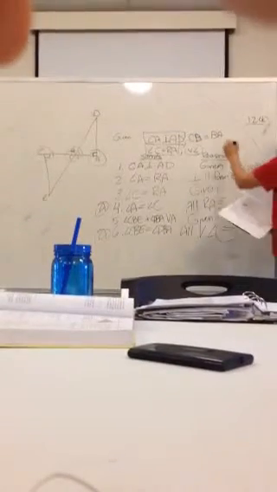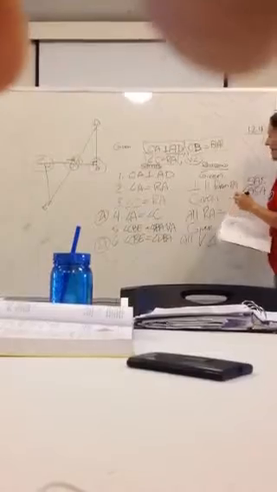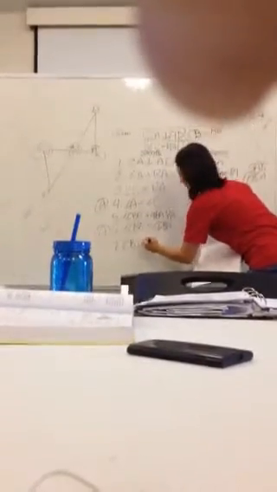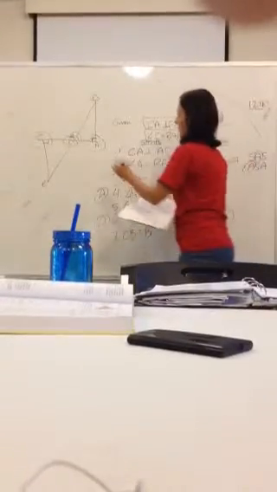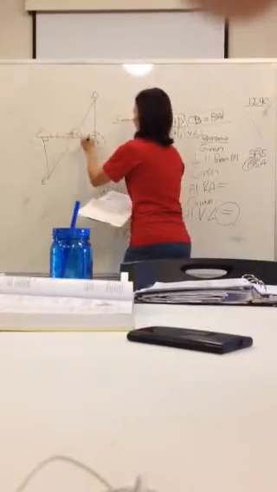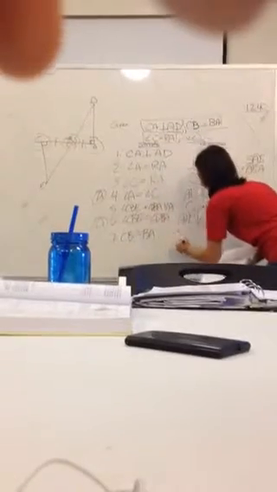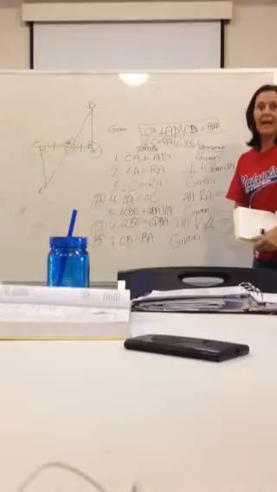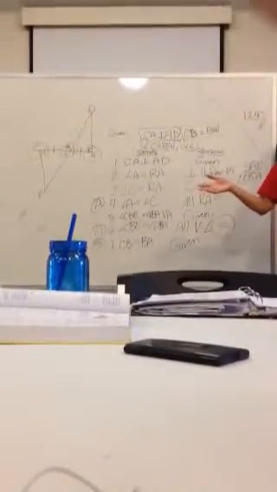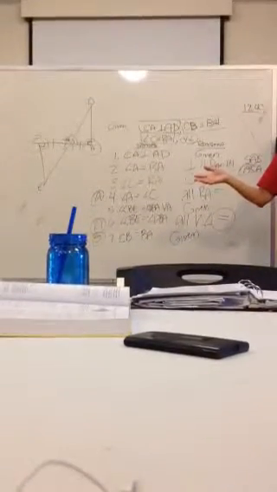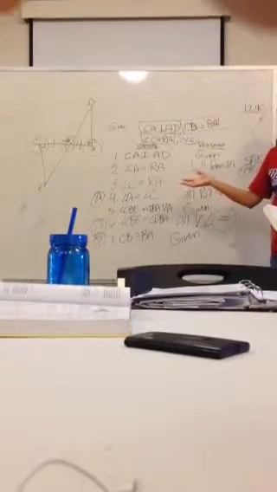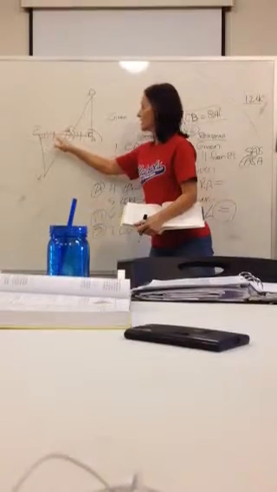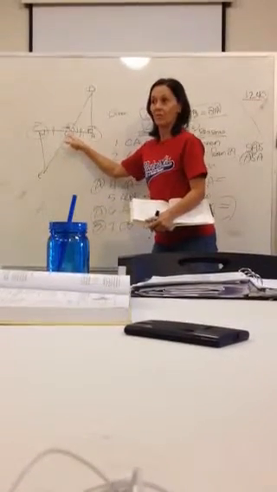Now I have lines that are given. And it says CB equals line BA, C to B, B to A. And that's given. Now I have a sign. Look what I have. What do I have? I have congruence. Why? Angle, side, angle. Okay?